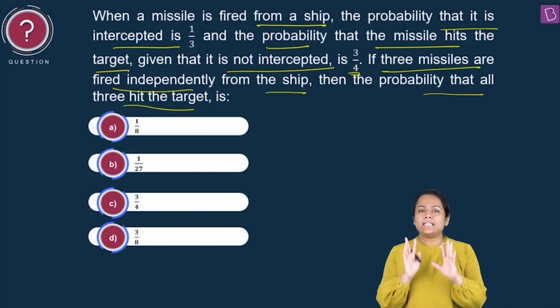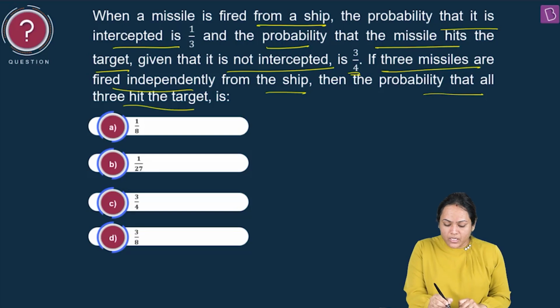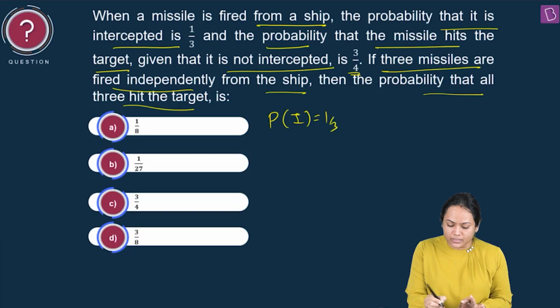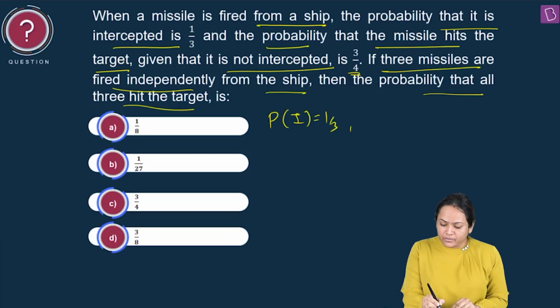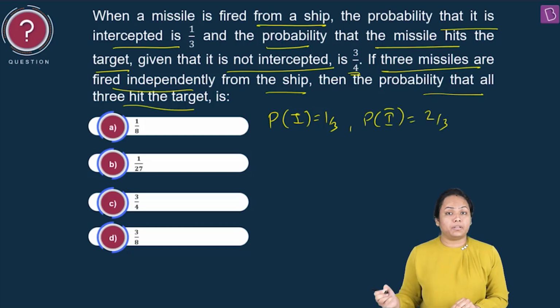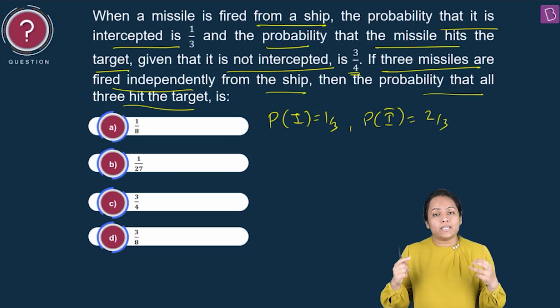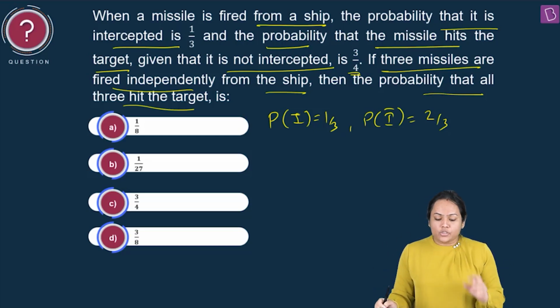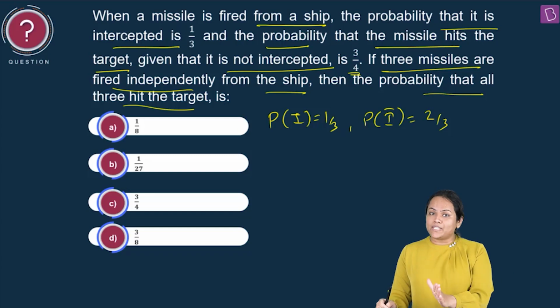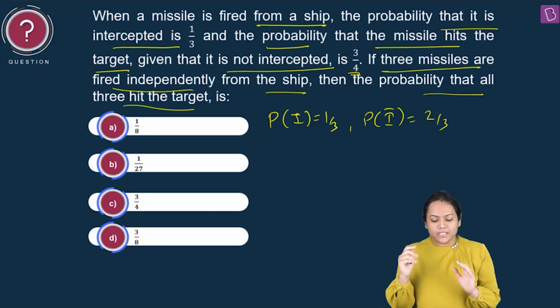So let's quickly write down what information is given. The information is that the probability the missile is intercepted is 1 by 3. That means if the missile is not intercepted, the probability will be 2 by 3, which they have not given. But this you have to understand on your own, right? So if it's intercepted, the probability is 1 by 3. Therefore, if it's not intercepted, the probability is 2 by 3.